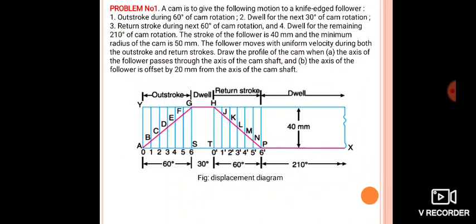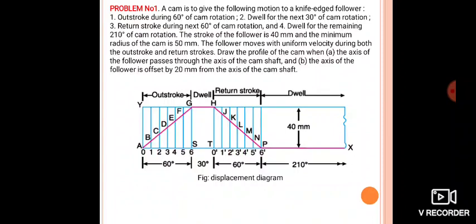Third, return stroke during the next 60 degrees of the cam rotation. And fourth, dwell for the remaining 210 degrees of the cam rotation. The stroke of the follower is 40 mm and the minimum radius of the cam is 50 mm. The follower moves with uniform velocity during the outward and return strokes. Draw the profile of the cam.